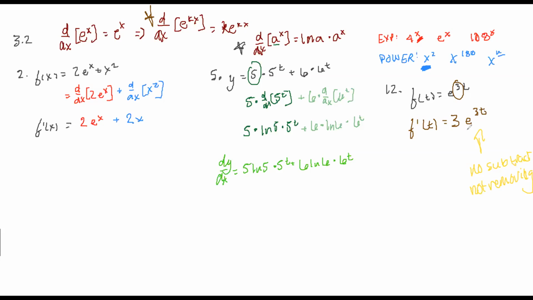It's always going to be e to the 3t. We're just going to continually take that 3 down. An example of what I mean by continually is that if we were to take the second derivative, which we're allowed to do, f double prime of t would be equal to 3 times 3, so 9e to the 3t, and so on and so forth.